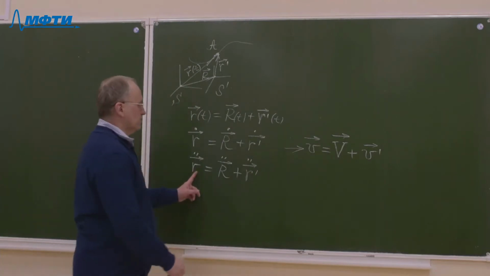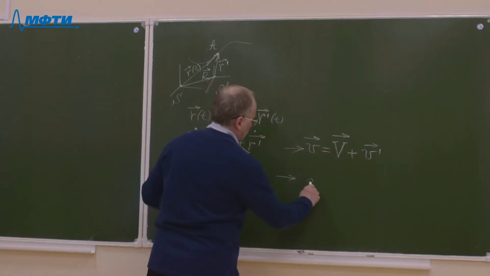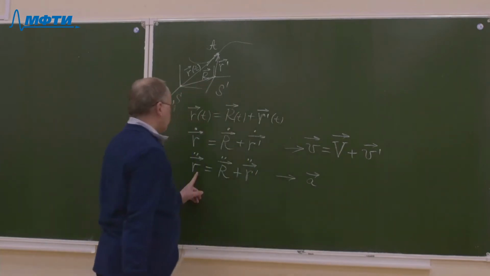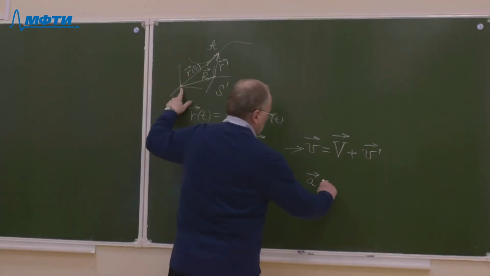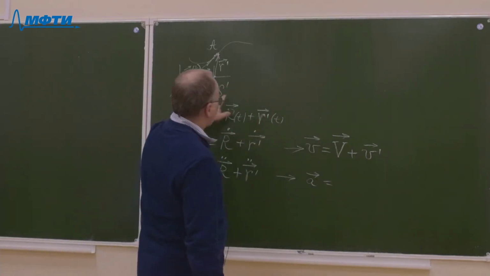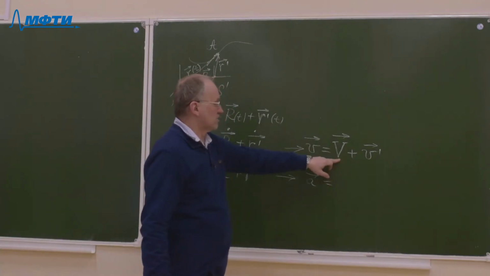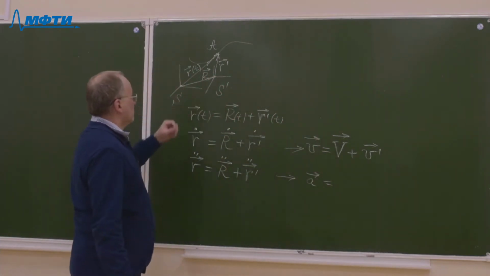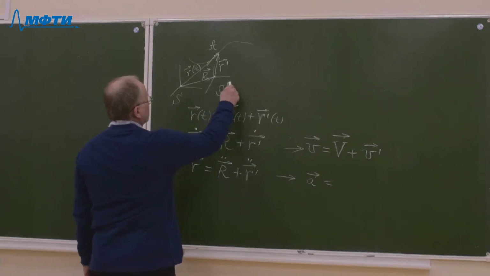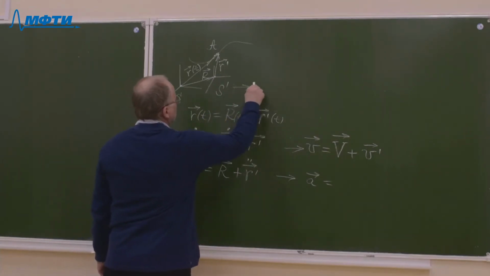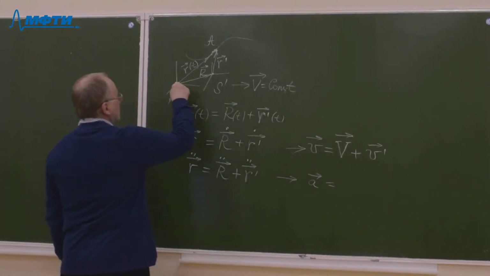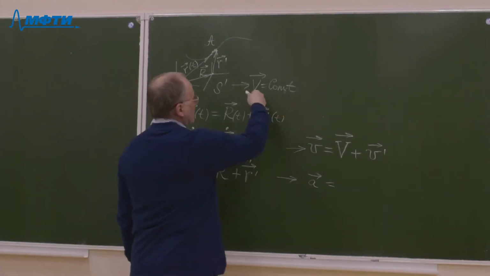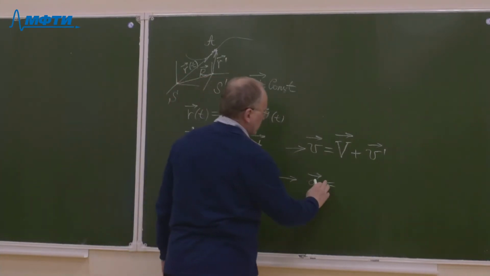And that will be acceleration of point A with respect to the reference system S. Acceleration of this point with respect to reference system S will be equal to acceleration of reference system S prime with respect to S. But in case reference system S prime moves with constant velocity with respect to the first reference system, then the time derivative of this constant will be 0.